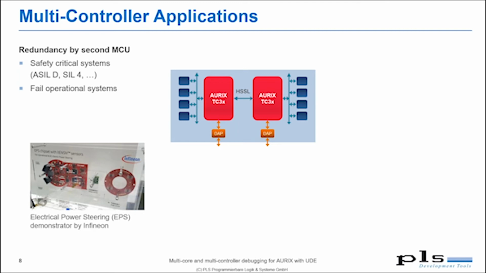If you stop only one MCU during debugging and the other one keeps running, or you stop it sometime later, then the complete system would immediately go into a fail state because of this check if the other core is alive or not. So the debugger has a very bad impact on the application under test in this case.